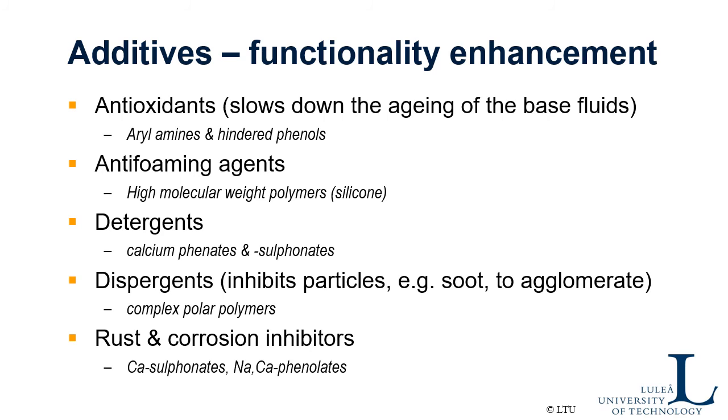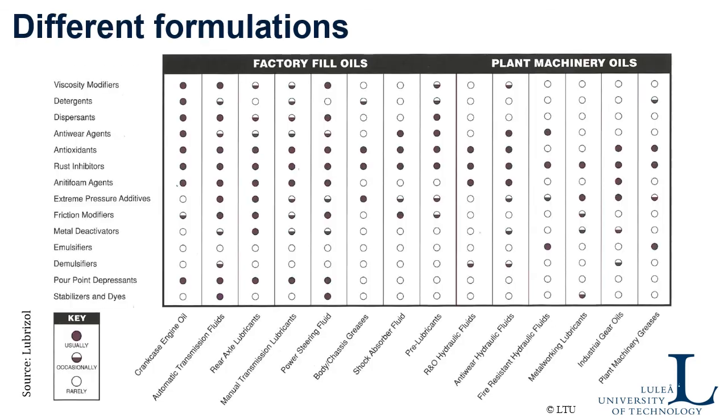Many of them are surface active, so that's the trick. The problem for the maker of the lubricant is to have a sufficient amount of the different types of additives. So that's the formulation problem. And of course, different lubricants for different applications have different formulations.